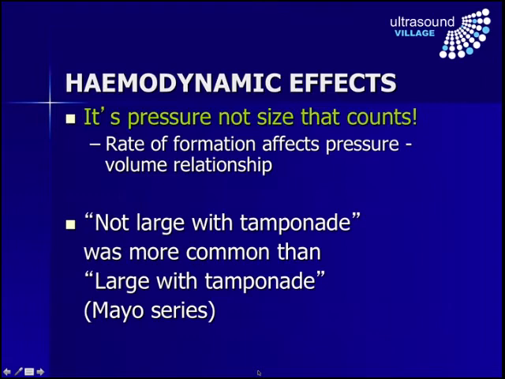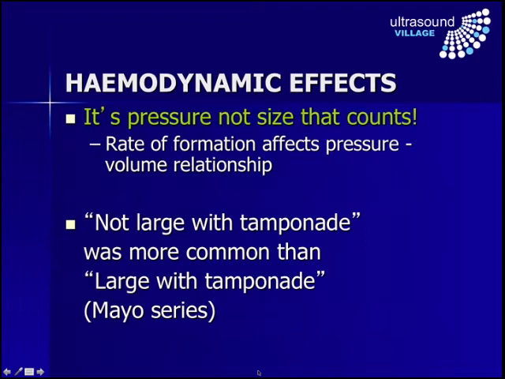Now, the important thing we need to remember is that it is the pressure within the pericardial sac that causes tamponade. It's not actually the size of the pericardial effusion. The rate of formation of that effusion affects the pressure-volume relationship. The fibrous sac cannot expand quickly, so for example, if you have bleeding, then a small volume will give you quite significant hemodynamic effects.